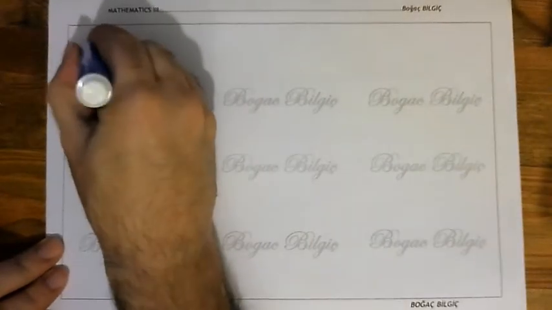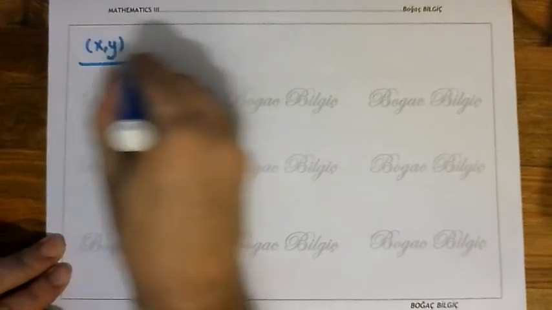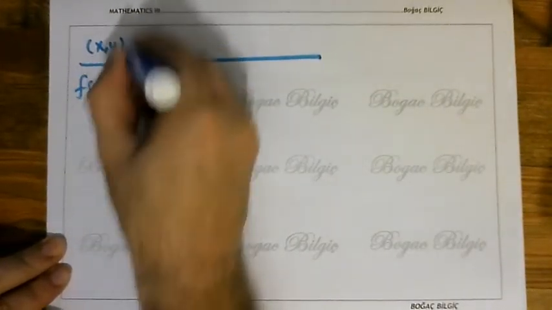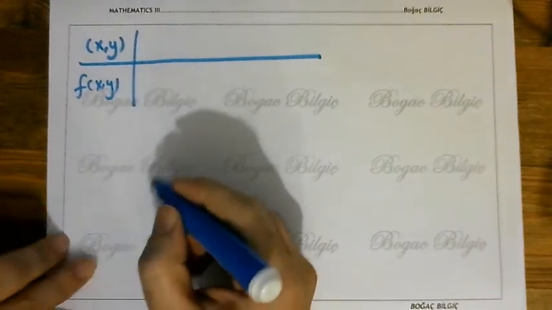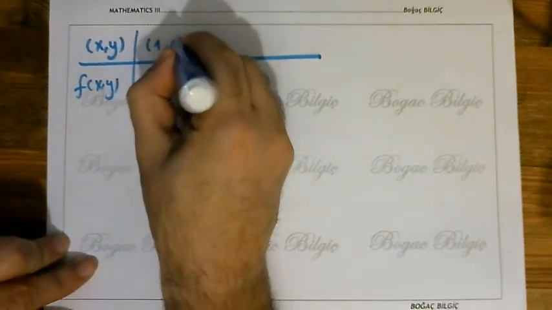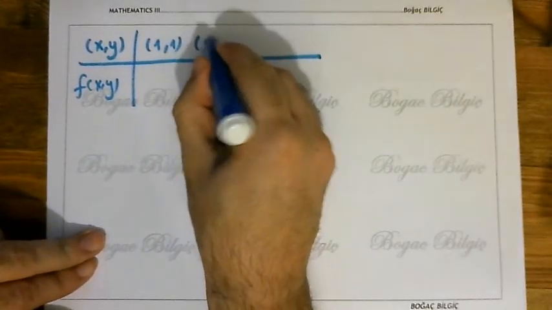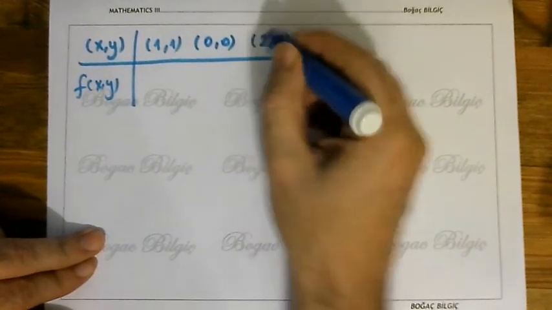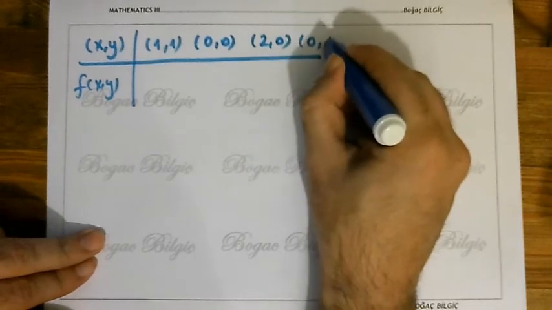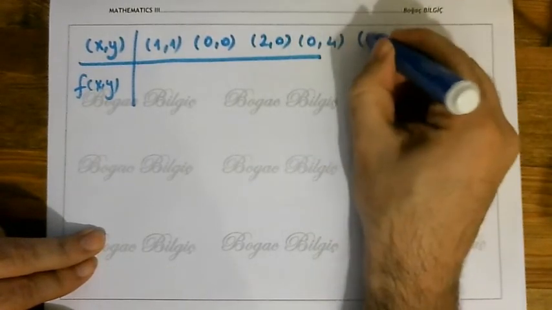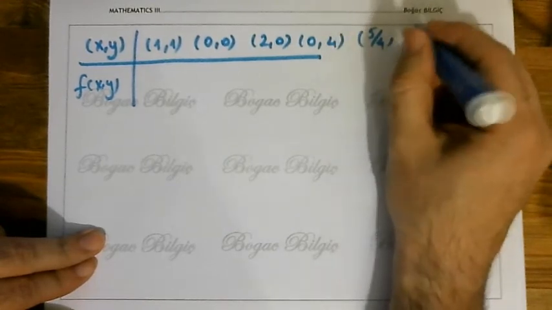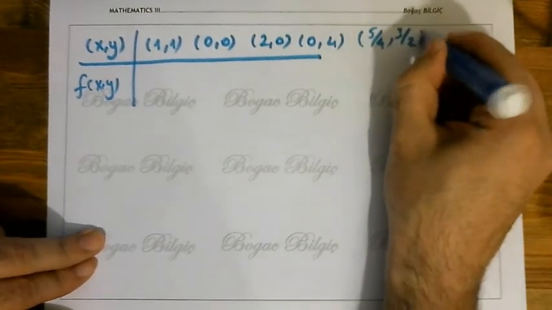Value of (x, y) and value of f(x, y). First critical point is (1, 1). Other (0, 0). And then (2, 0). And (0, 4). And (5/4, 3/2).